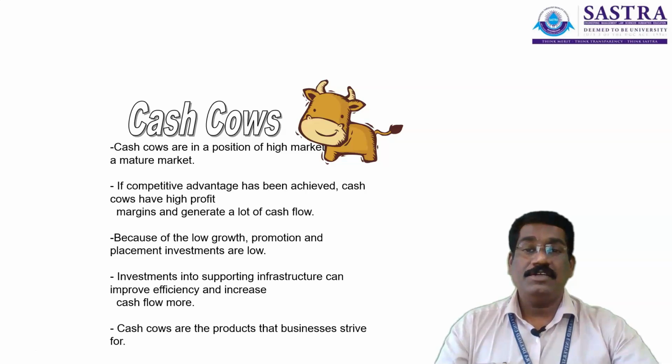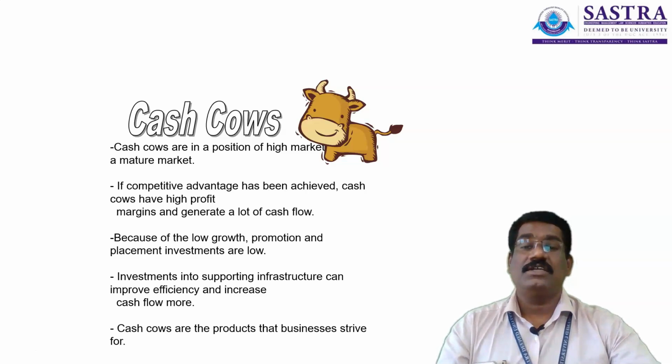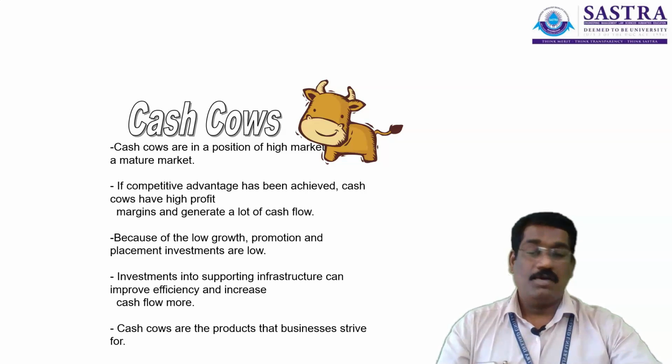And investments into supporting infrastructure can improve efficiency and increase cash flow more. So cash cows are the product that businesses strive for, because we can milk more money out of this product line.